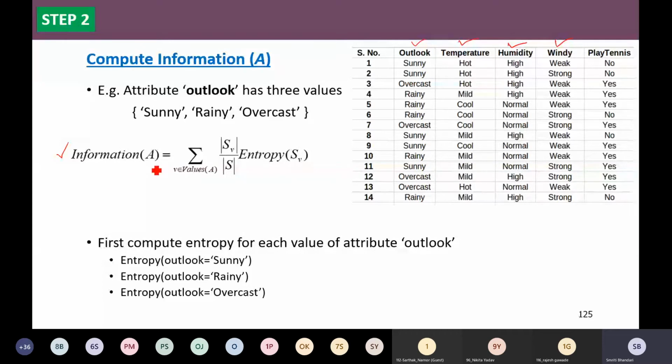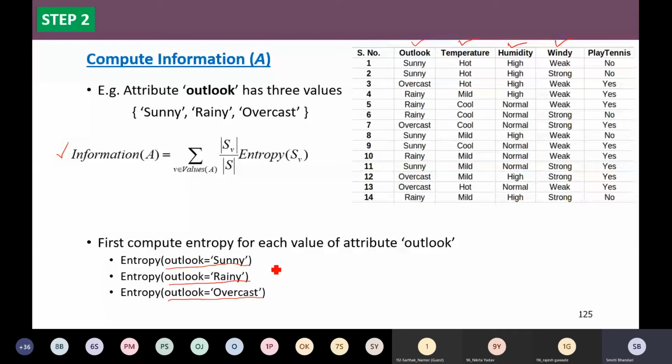To compute information for attribute outlook, we need to compute the entropy for all these 3 values of outlook: the entropy for value sunny, for rainy, and for outlook value overcast.